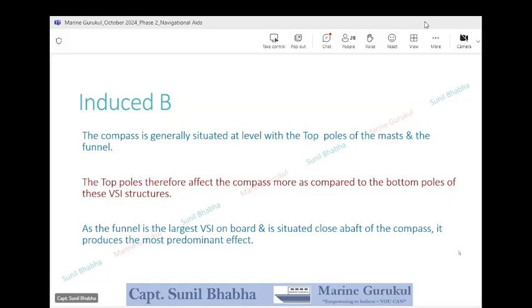So therefore, funnel affects our compass most predominantly among all the vertical soft iron structures. So the effect of the funnel being the most predominant is considered mainly for induced B.